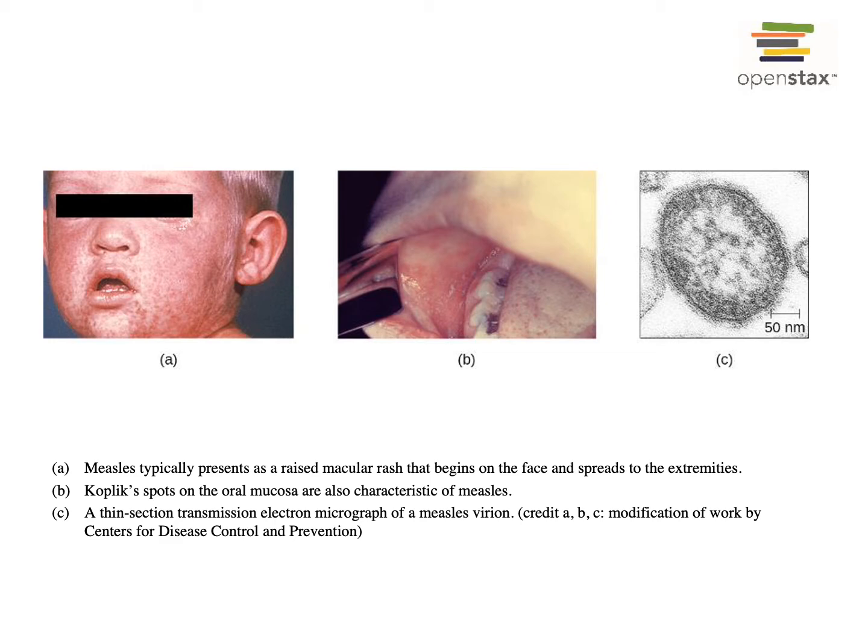It's just a raised red area of rash. And then you can see inside, you can see those Koplik spots that sometimes are an enanthem rash that is on the mucous membranes when you have the measles. And then there's an image of a measles virion.